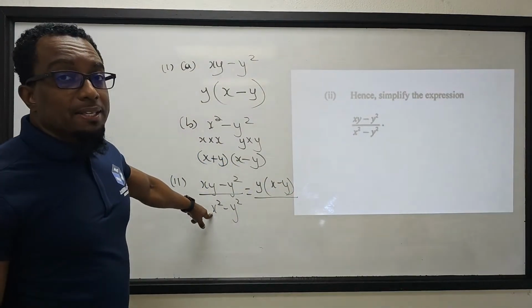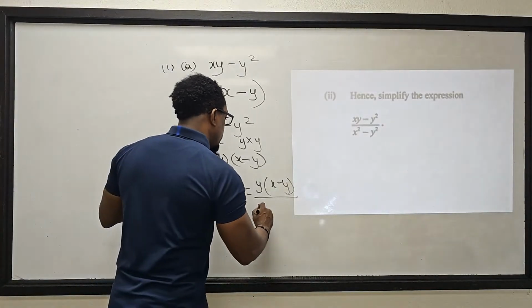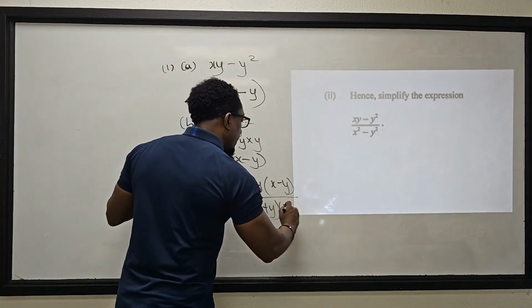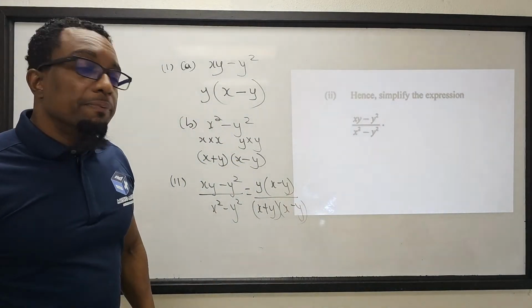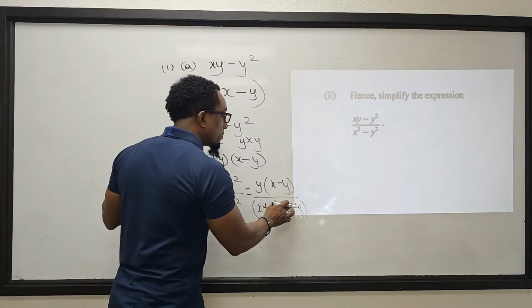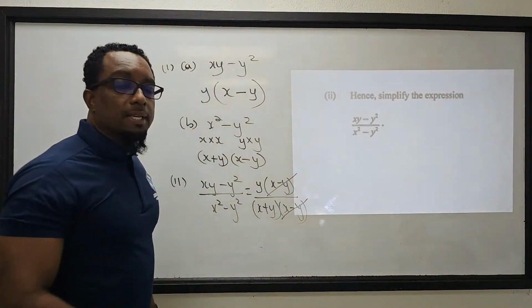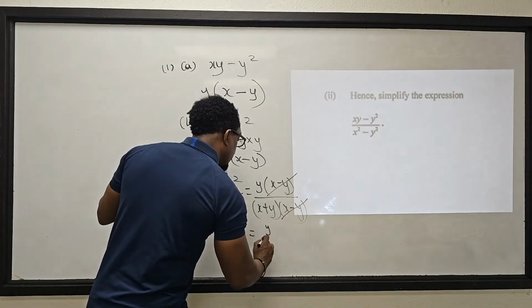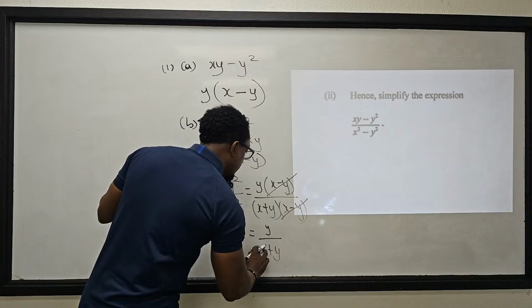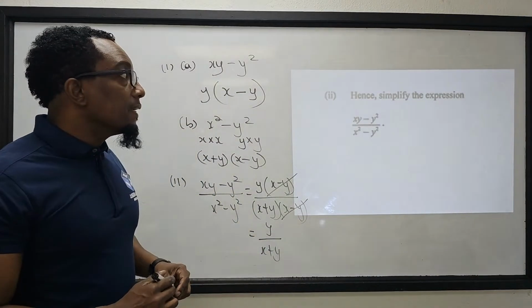We've already factorized x squared minus y squared in B. We have x plus y, x minus y. And all we have to do now is simplify. I'm going to divide x minus y into itself to give me 1. And therefore I'm going to be left with y all over x plus y. And that there is the result.